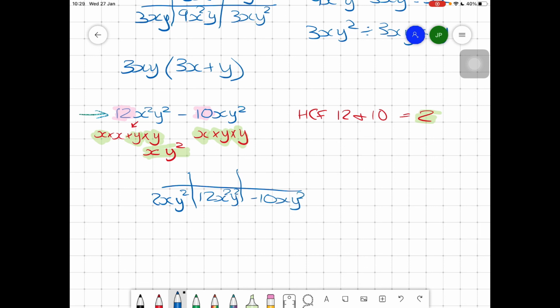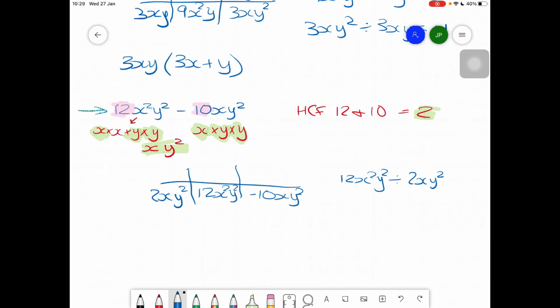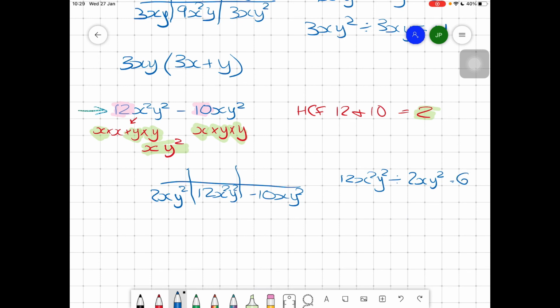So 12x squared y squared divided by my 2xy squared is going to give me 12 divided by 2 is 6. X squared divided by x leaves me an x. Y squared divided by y squared leaves me 1. So I just have my 6x left. I do the second part. So I've got a minus 10xy squared divided by a 2xy squared.